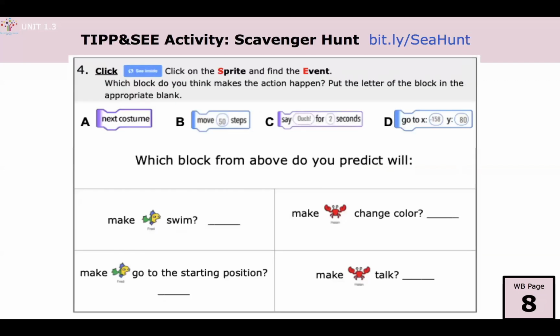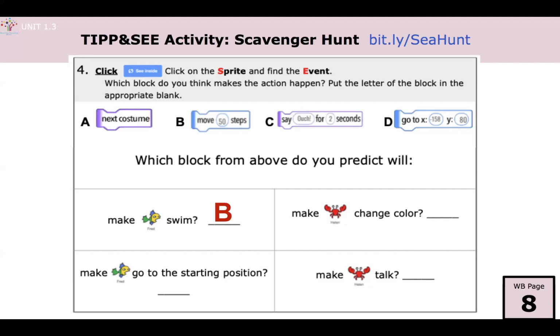In section 4, you predicted which block would do the actions of Fred and Helen in the sections below. Which block did you predict would make Fred swim? Exactly.